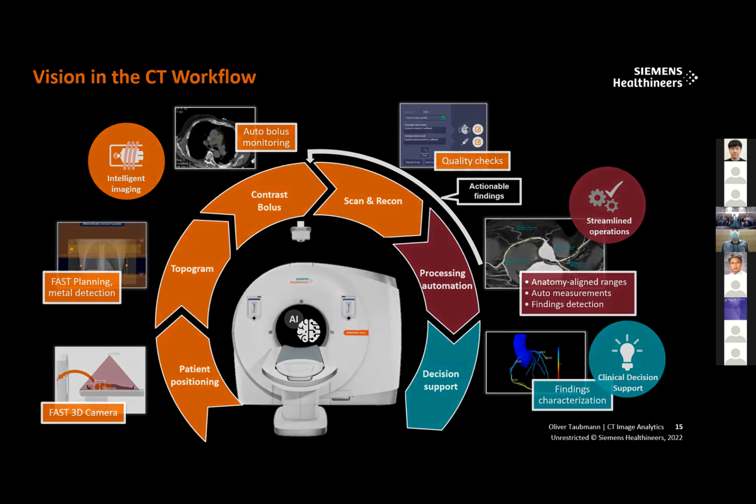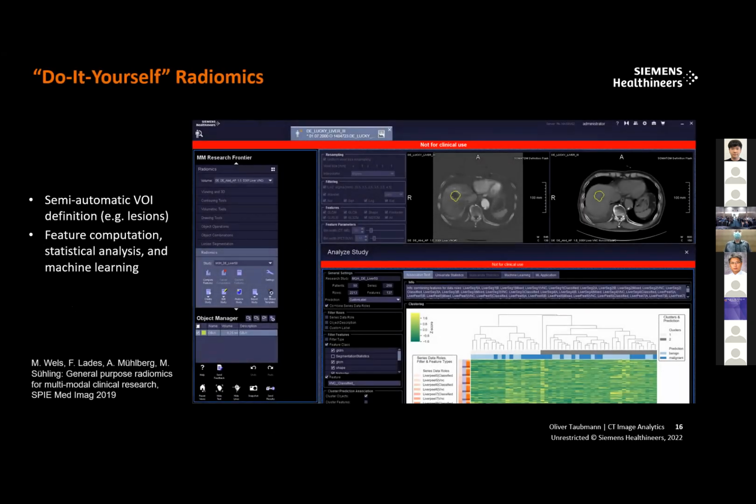And this is something that we also would like to empower radiologists and clinicians to find new imaging biomarkers, which is why we developed a do-it-yourself radiomics software that would allow them to manage their studies and patient cohorts and automatically define regions of interest, and then in those compute radiomics features, do analysis, both the statistical analysis as well as machine learning, and do all of that from within one tool with one admittedly somewhat complex but comprehensive user interface without the need to convert data formats or additional coding.